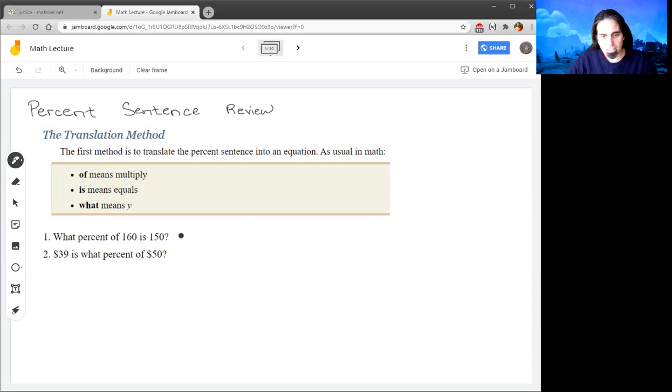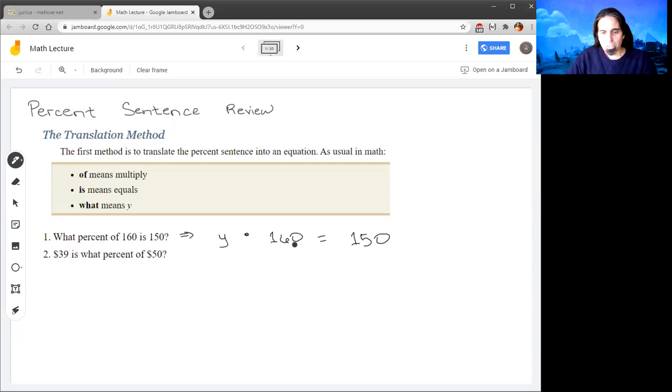We will translate that. The what becomes the y. The word percent we don't translate, just what percent. The whole thing is our y. Of we do translate, so of becomes multiply. 160 stays a number. Is becomes equal, and then 150 stays a number.